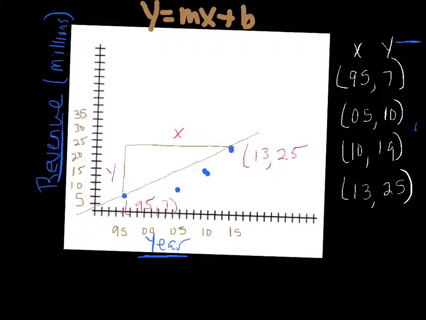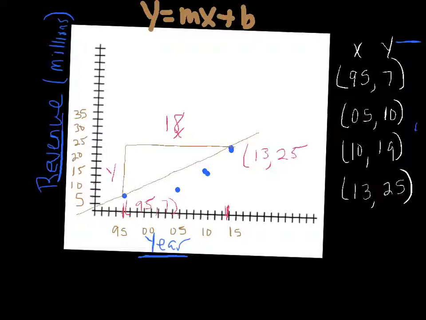So I want to know how much my rise was, which is your change in y, and your change in x. So I went from 1995 to year 2013. So this is going to be my run. So I went from 95 to 2013. So that would be 18. Okay, that would be a run of 18.